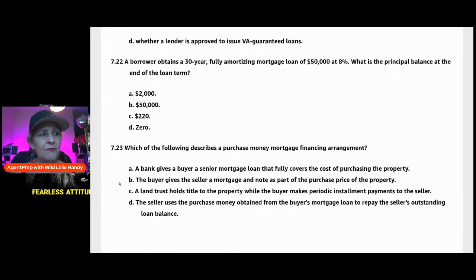B, the buyer gives the seller a mortgage and a note as part of the purchase price of the property. C, a land trust holds title to the property while the buyer makes periodic installment payments to the seller. Or D, the seller uses the purchase money obtained from the buyer's mortgage loan to repay the seller's outstanding loan balance.